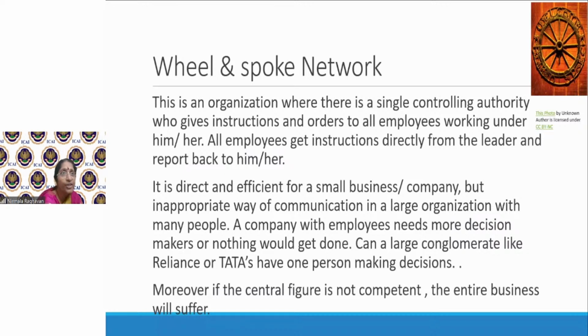And if the central figure is not competent, the entire business will suffer. So that is wheel and spoke. Wheel and spoke is preferred by startups and small companies where the owner himself or herself is able to control all his or her employees.